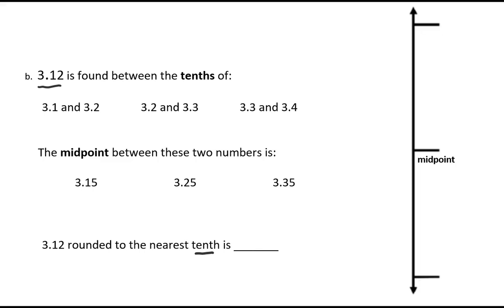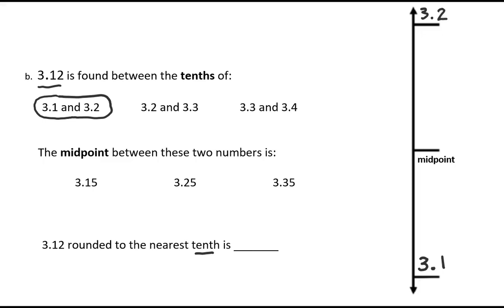Well, it's a little past 3 1/10, but it's not quite to 3 2/10. So we'll say that it is going to be found between 3 1/10 and 3 2/10. I'm going to take those two numbers and put them on the number line. So the smaller number goes on bottom, so we have 3 1/10, and the larger number on top, 3 2/10.